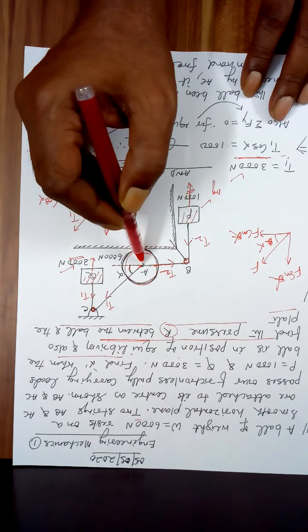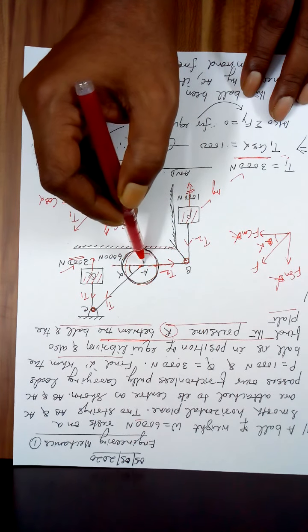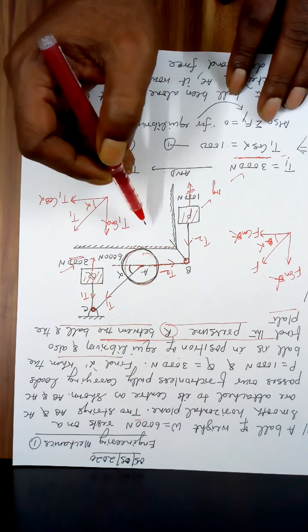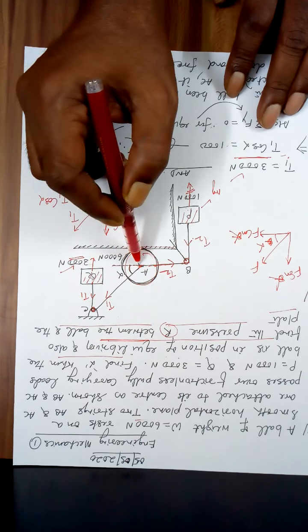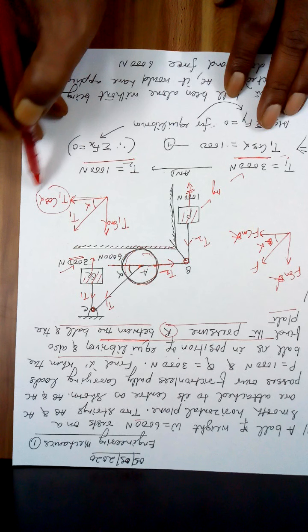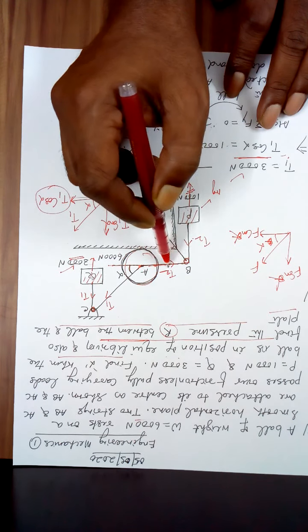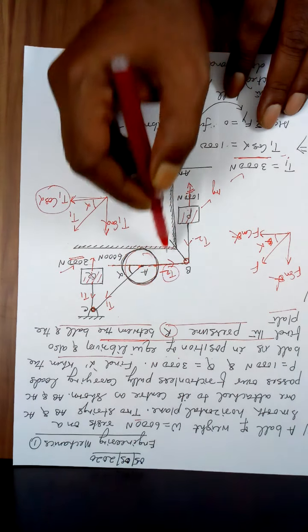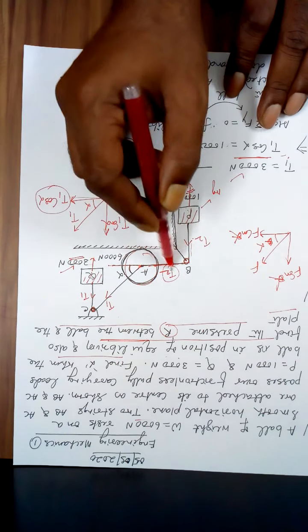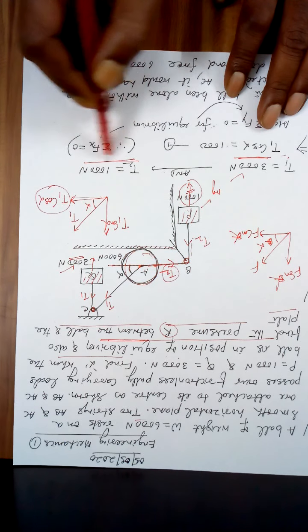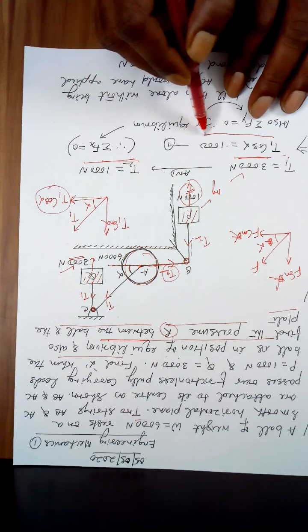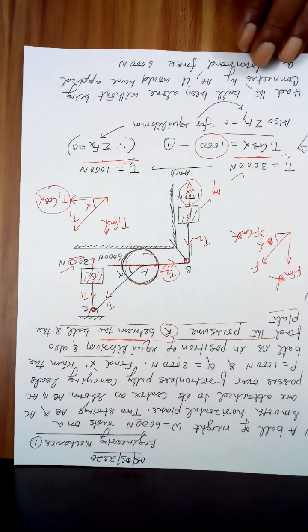So now look, the conclusion from here is this ball is neither going to this side nor to this side, neither is it going up nor down. Therefore to this side your T1 cos alpha is balancing the force T2, and T2 is 1000 Newton. So T1 cos alpha is 1000, right?